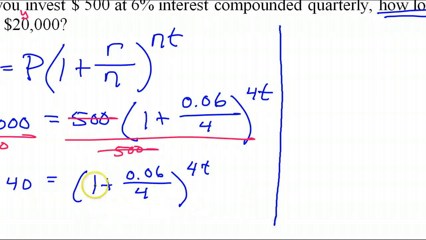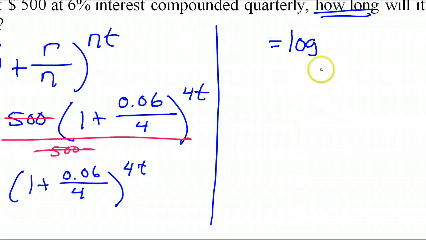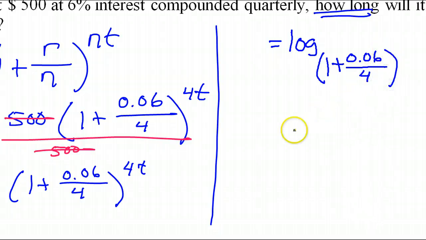This in the parentheses, this is the base. So when I rewrite this in log form, I need to make sure that that is my base. So I'm going to write log base, and so my base is this whole thing, 1 plus 0.06 over 4. That's my base.